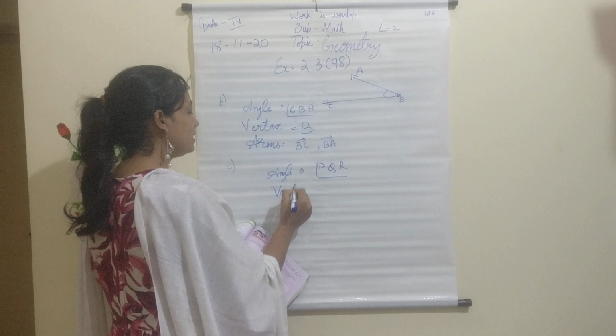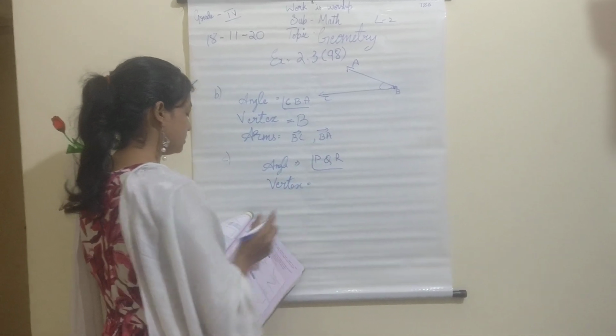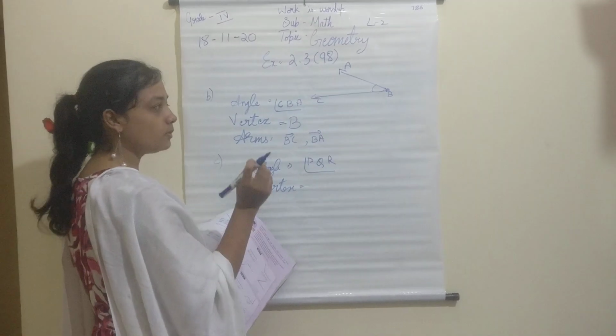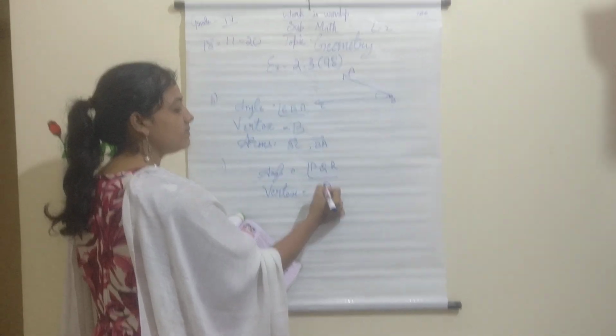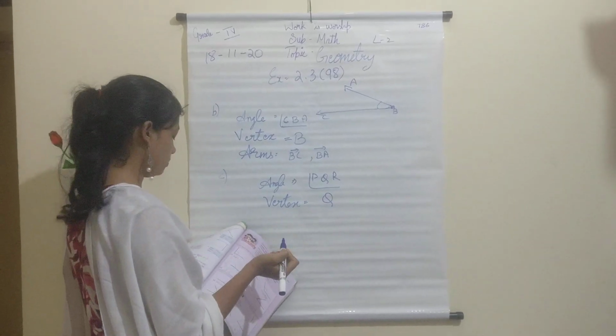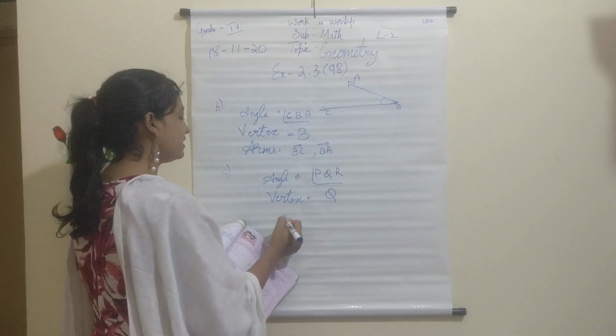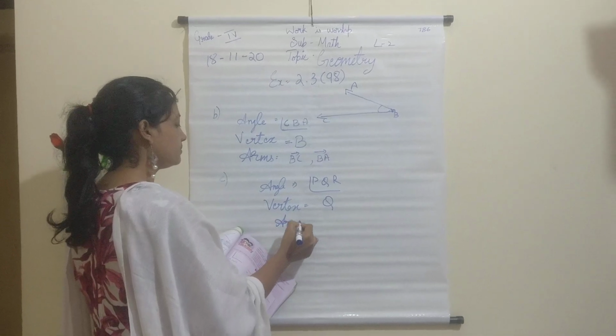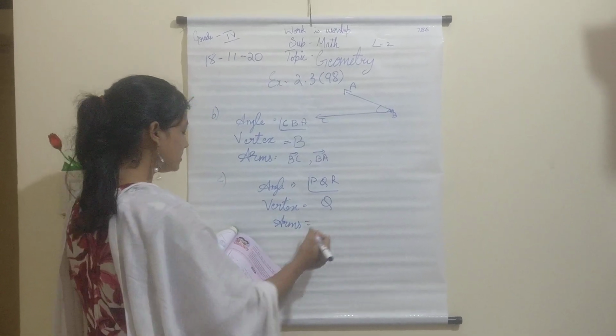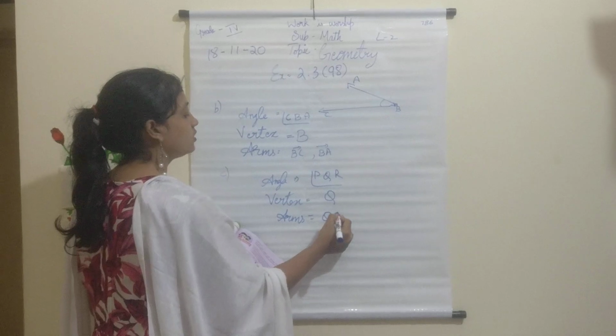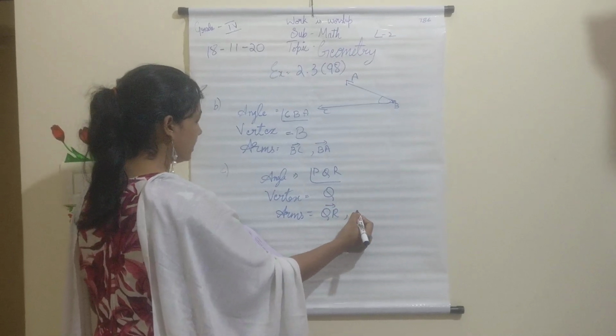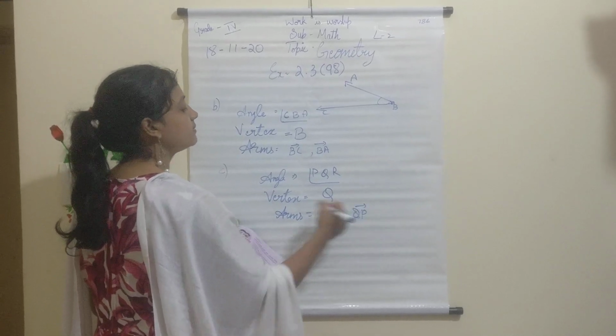Next I have to write vertex. Vertex is the point where both the rays meet, that is Q. And the next one is arm. Name the two rays in that. It is QR and QP.